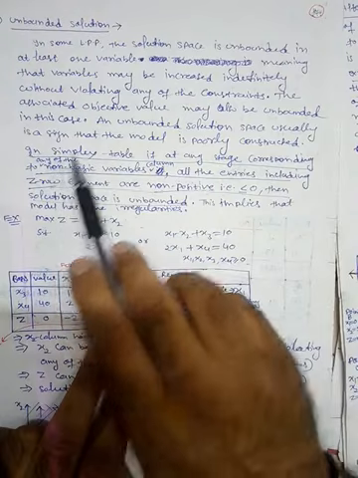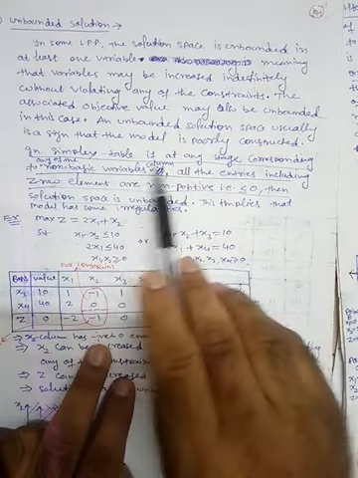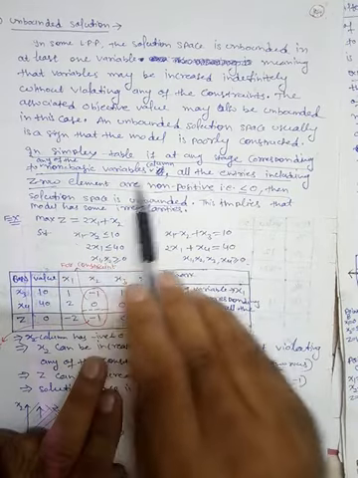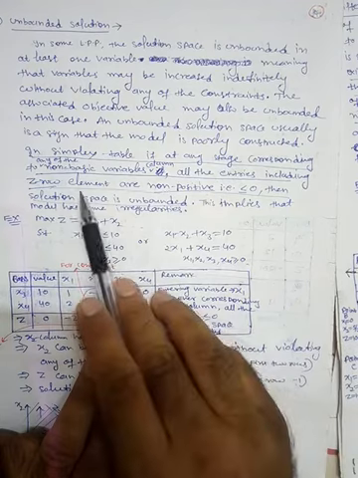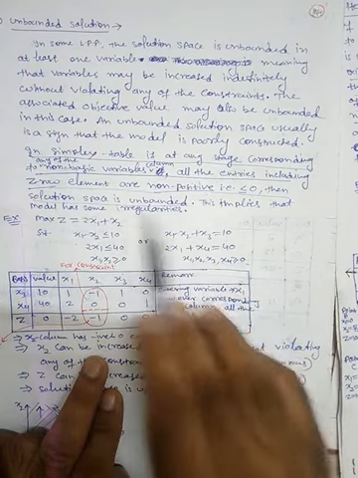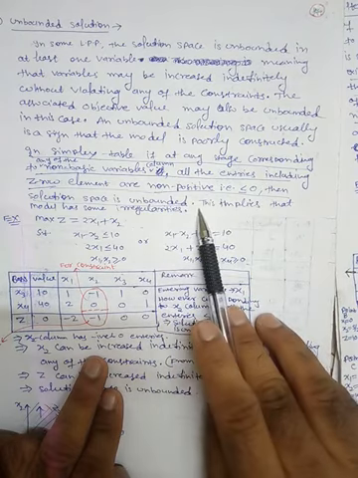So in simplex table, how will we know that it is unbounded? In simplex table, if at any stage corresponding to any of the non-basic variable column, all the entries including z row elements are non-positive, that means less than equal to 0, then solution space is unbounded.